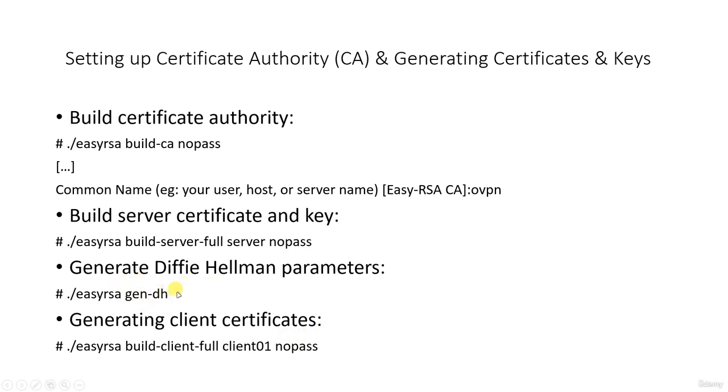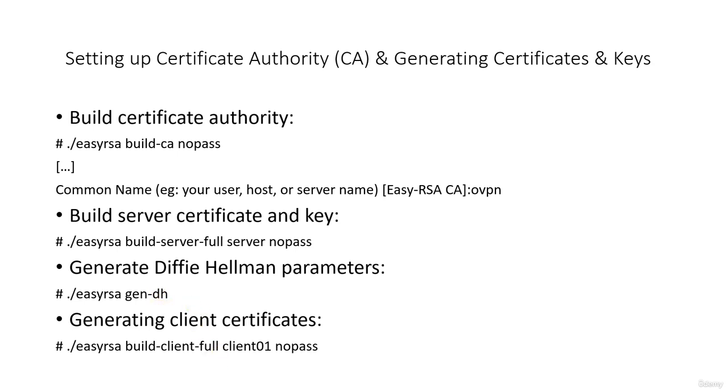This line in the command prompt will generate the Diffie-Hellman. And then at the end we need to generate our client certificate, which is this, and this will generate all the client certificates. Make sure you follow all of those in your command prompt. These are the commands that we need to use.